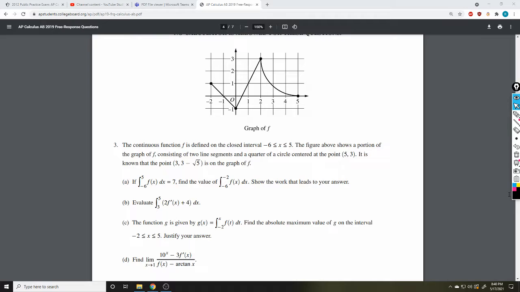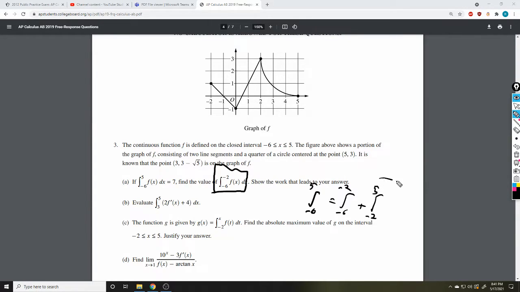One more thing to point out here that you'll see. It is asking about the integral from -6 to -2. And the integral from -6 to -2, we're using the fact that the integral from -6 to 5 equals the integral from -6 to -2 plus the integral from -2 to 5.